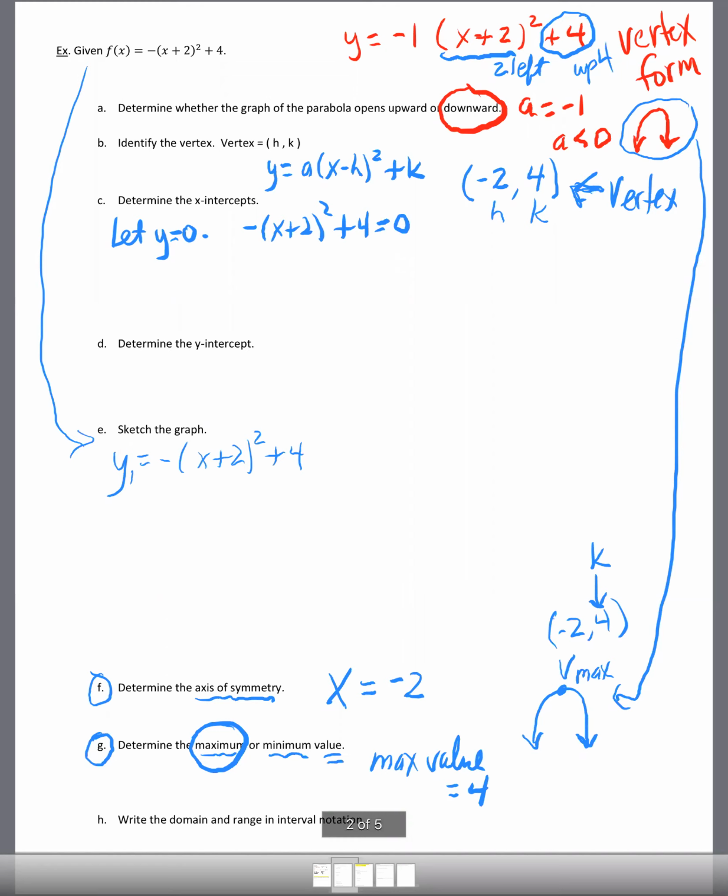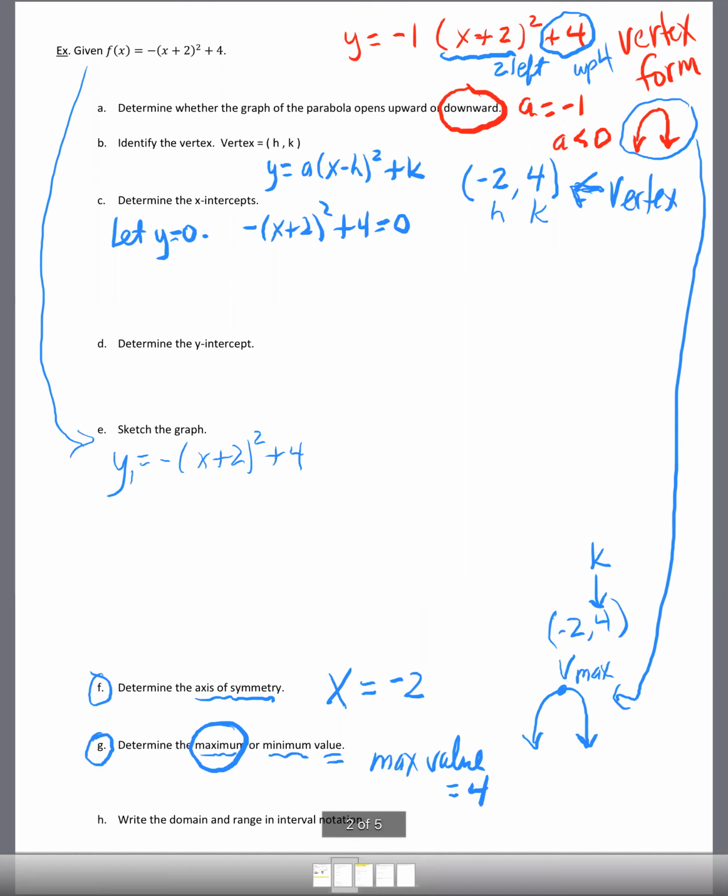Now solve for x, and that'll indicate our x-intercepts. If you've already sketched your graph, you might be able to go to the graphing calculator, look at the picture, and kind of identify these x-intercepts, but we'll still want you to algebraically figure that out too.